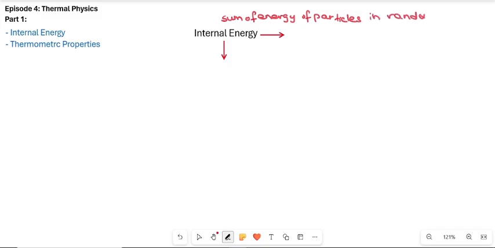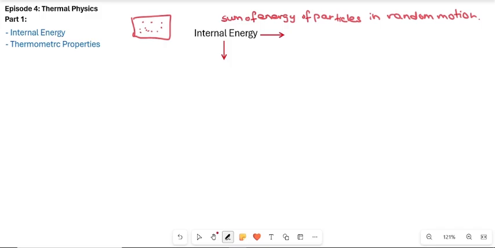So when you have, let's assume there is a small box, and then there are so many particles inside, and all of these particles are in random motion, and all of these particles possess some kind of energy, and that total energy is given as internal energy.